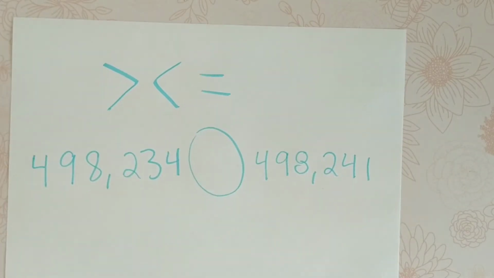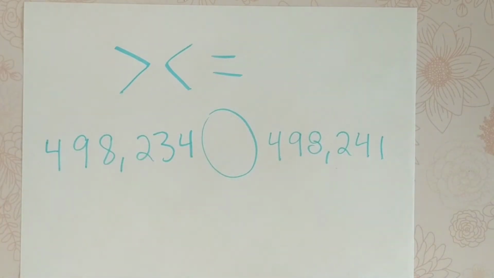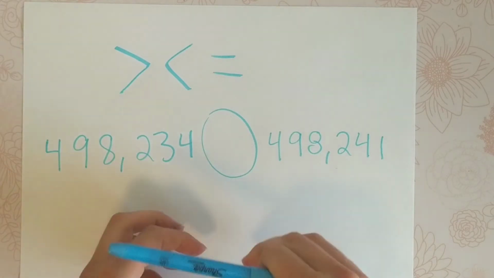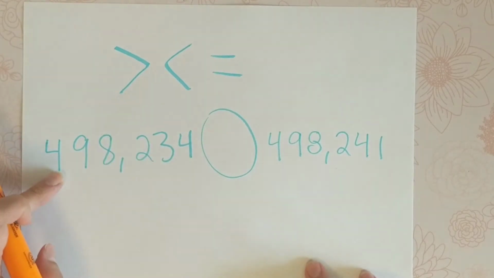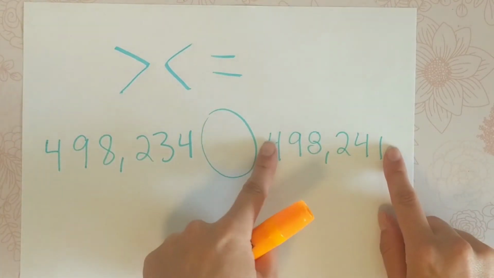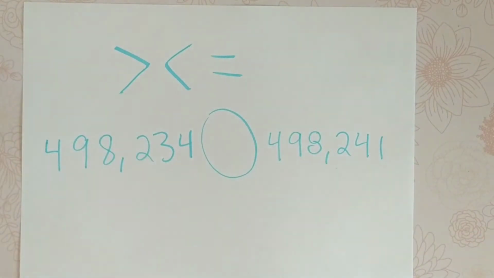All right, so okay, here is how I like to compare numbers. I write them on top of each other so that I don't miss anything. A lot of these are just going to try to trick you. So here's what I'll do. I'm going to write that first number. Actually, the first number is already written down, so let's not write it again. Let's just write this one underneath it so we can compare them, right?